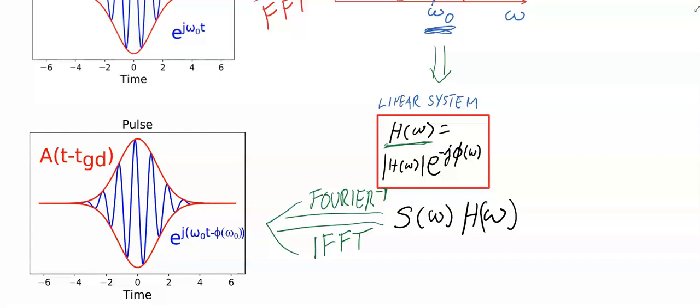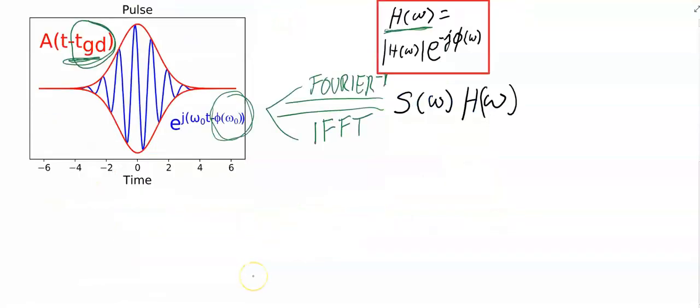Comparing the output from this system, we'll see that the modulation envelope of the pulse has shifted in time by the so-called group delay, and the phase of the monochromatic carrier wave has delayed by phi. These delays are related to the phase delay of the transfer function.